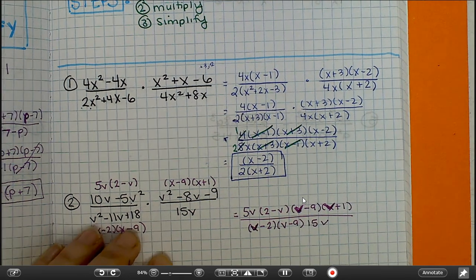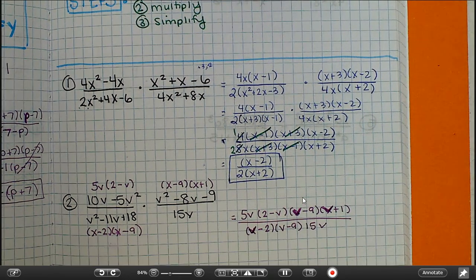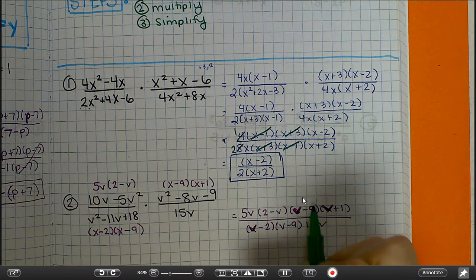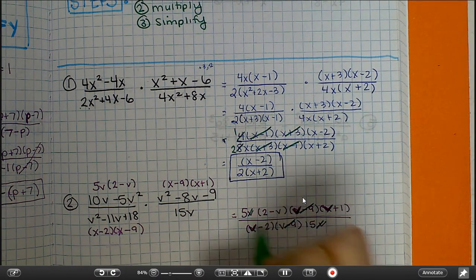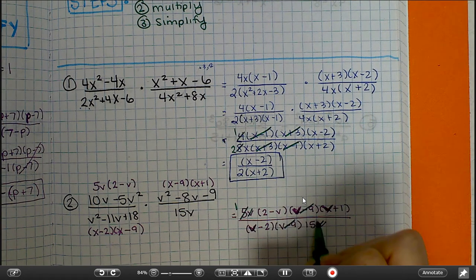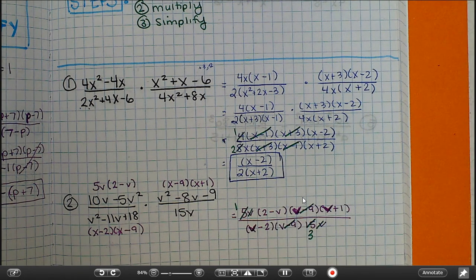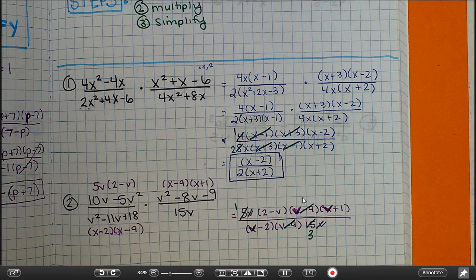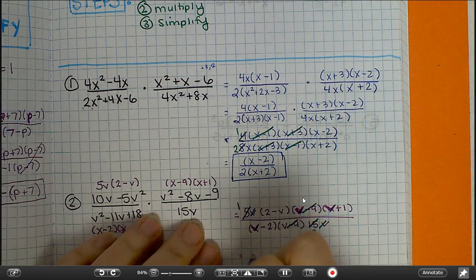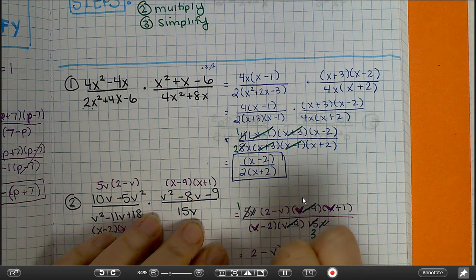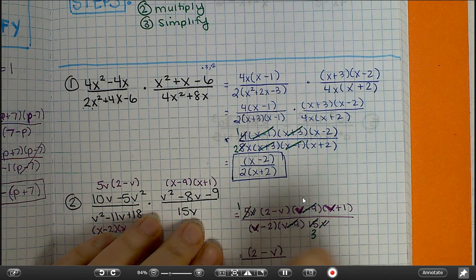So let's go through and cross out anything that matches exactly. We have v minus 9s. This v right here, we can simplify to 1/3, like that. And so what we're left with right now is 2 minus v over 3 times v minus 2.